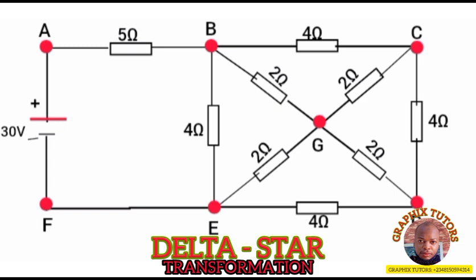And if they're connected in delta and they look this complicated, we need to transform them to star in order to expose the ones in series and the ones in parallel, so that it will facilitate our process of getting the equivalent resistance. Because the question tells us that we should find the equivalent resistance of this circuit, and also the total current.